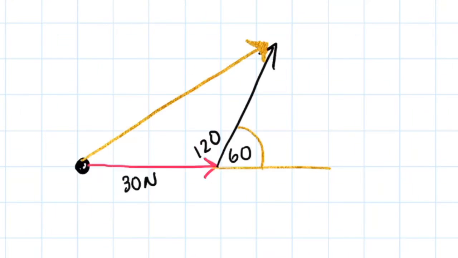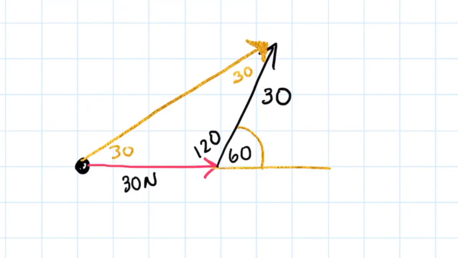So we've got here 30, 30, and 30 over here. And we know this is 30 and this is 30. So we can use some triangle rules to find out what this length is, but once again, it's not an equilateral triangle.